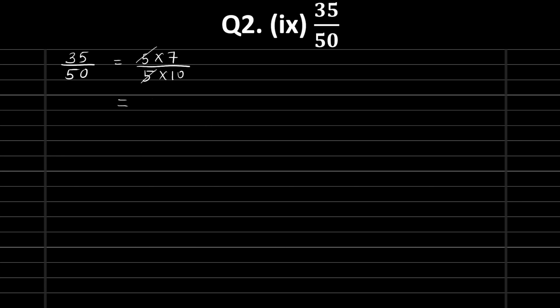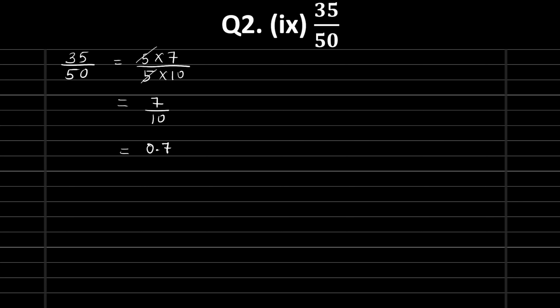We will be getting 7 upon 10. Now 7 upon 10, easily we can write it down as 0.7. Same reason, since we have only one 0 in the denominator, we shift the decimal point only one place towards the left-hand side. So therefore, we will be getting 0.7.